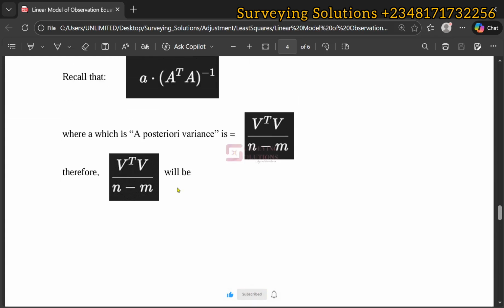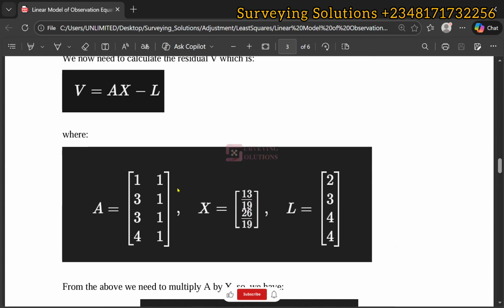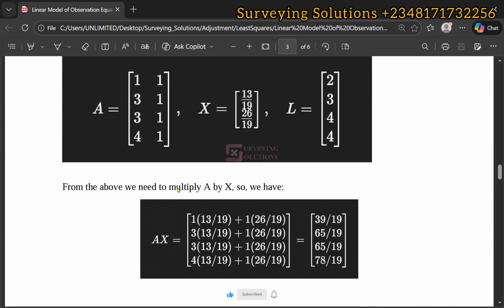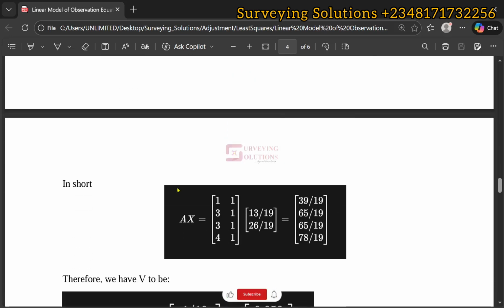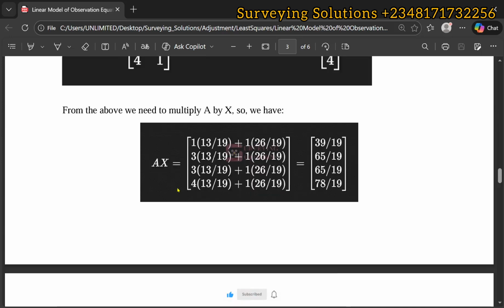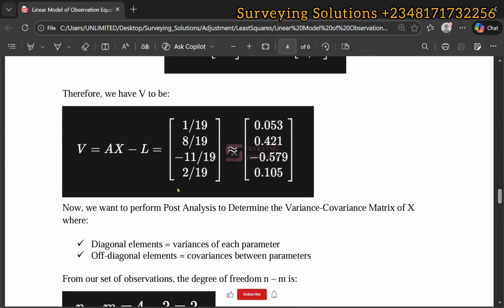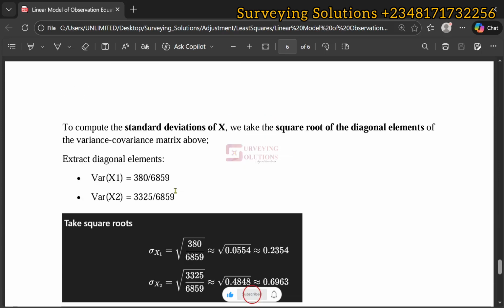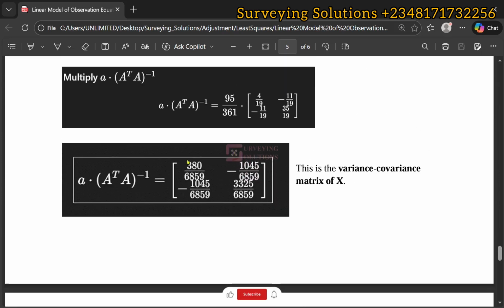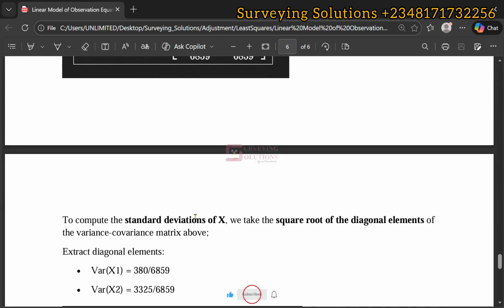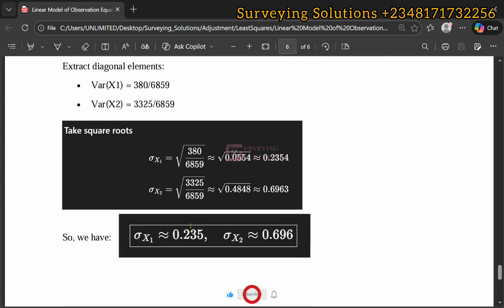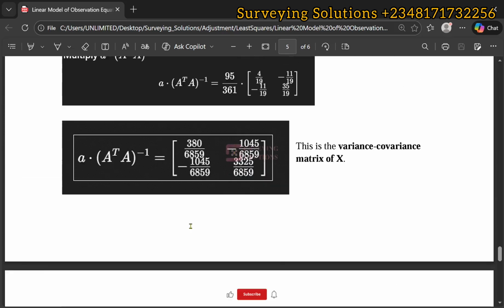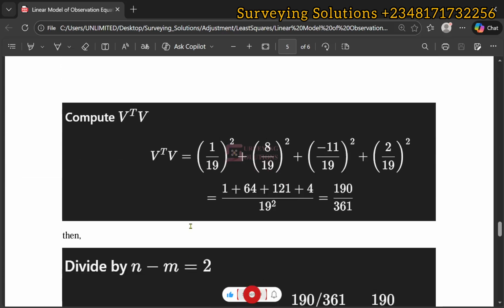To form the design matrix, the observation, getting the estimated parameters, then getting the residual, then moving to getting the variance-covariance matrix, right? Good. And then looking from the variance-covariance, we also got the standard deviation or the standard error of the estimated parameters. So we are going to see you on another interesting one. Until then, keep staying safe and have a fantastic time. Bye.